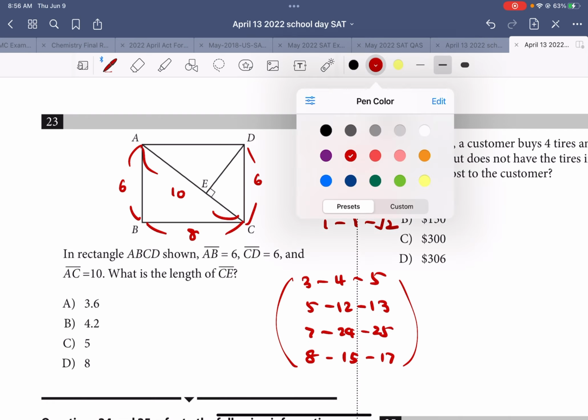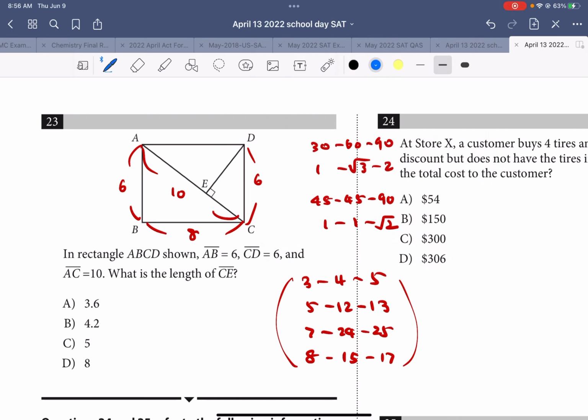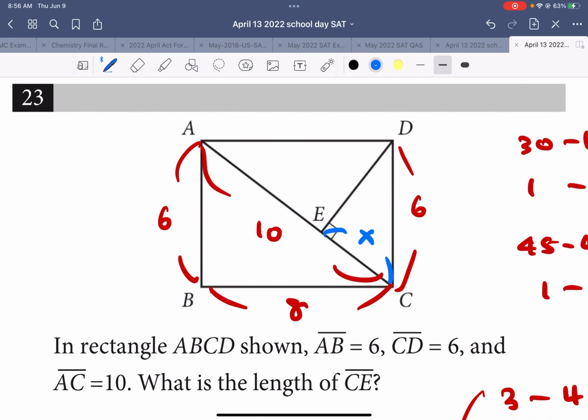So come back to this problem. Question is, what is the value of CE right here? So based on this information, we know that this angle has the same measure. The reason why, let's say this is 20 degrees for example. Then you know this angle has to be 70. Why? Because this is a right angle, right?